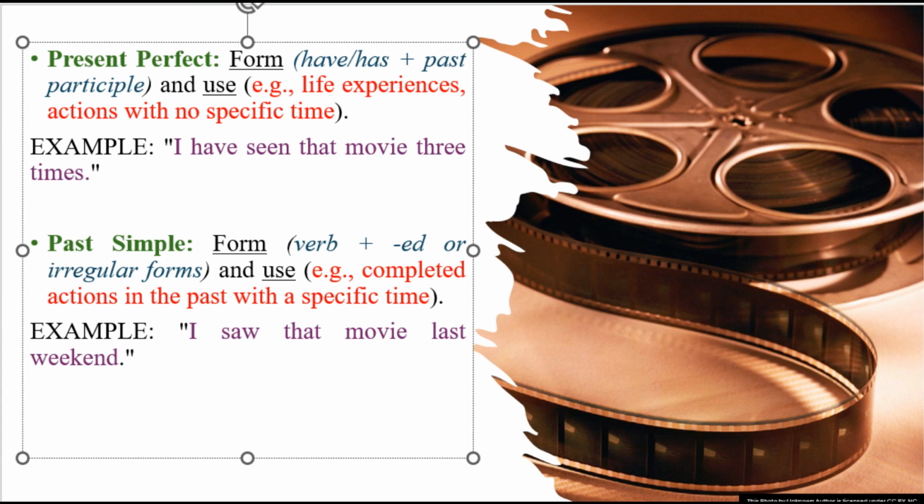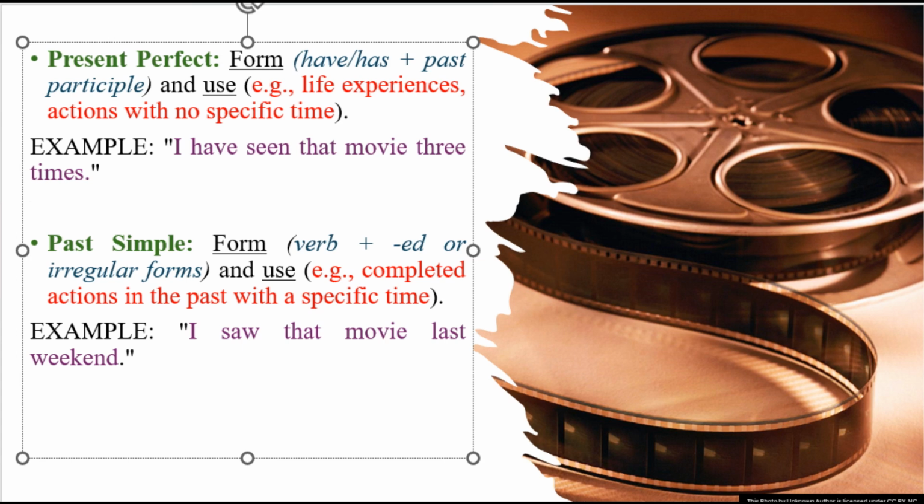It could increase to 4, to 5, to 6. I am not sure that I'm not going to watch that movie again. I might watch it for sure. If it's nice, I will watch it over and over again. But the form of the present perfect, you see, is have plus past participle and the rest of the sentence.